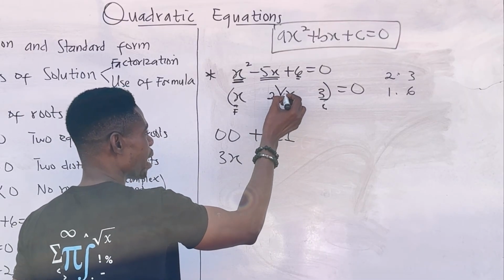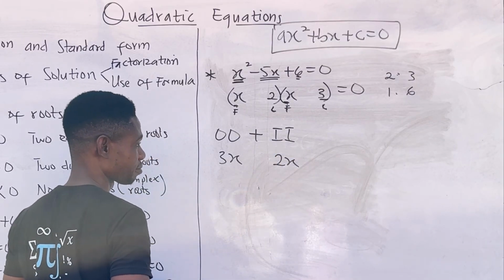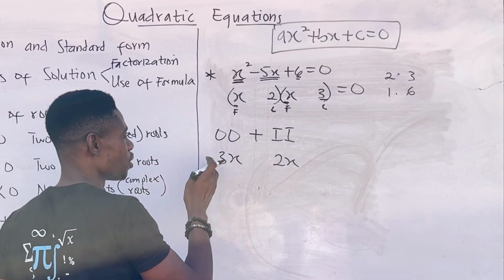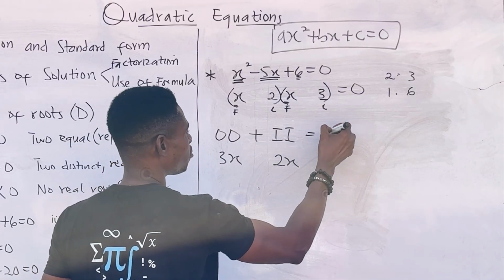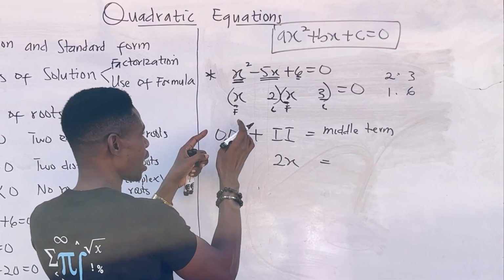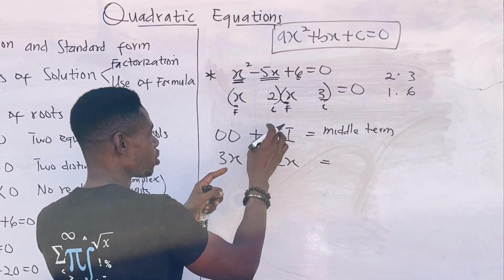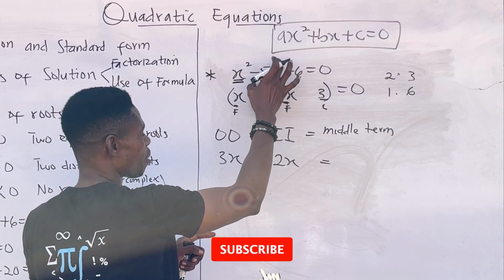Multiply this inner by this inner, the inner terms, that's 2x. If we add them together, the answer should give us this middle term. As if we add outer multiplied by outer plus inner multiplied by inner, the answer should be this middle term.